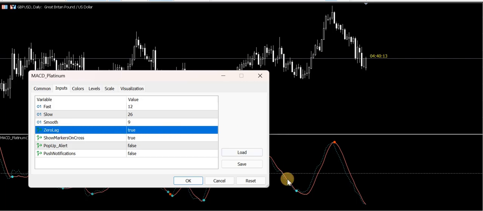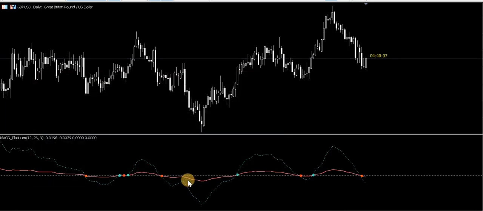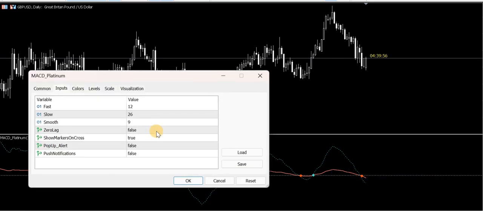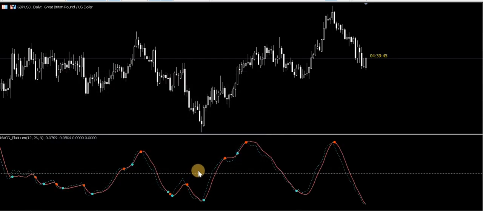So if I change that to false, press OK, and you see it just looks like a normal MACD sort of. It's just taking the zero lag function out of it. So I go back in, zero lag, true. Now this is just standard default settings on any MACD. Most MACDs come with 12, 26, 9. So zero lag is true, and it gets this.